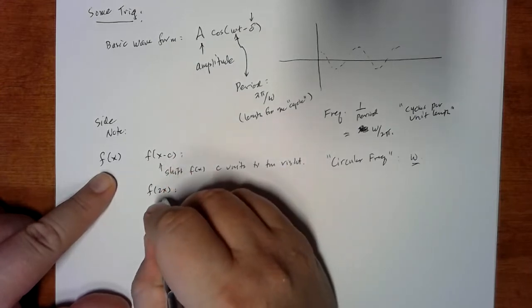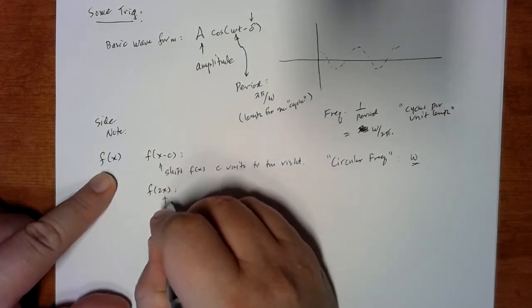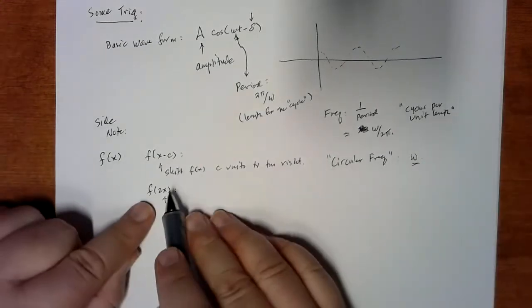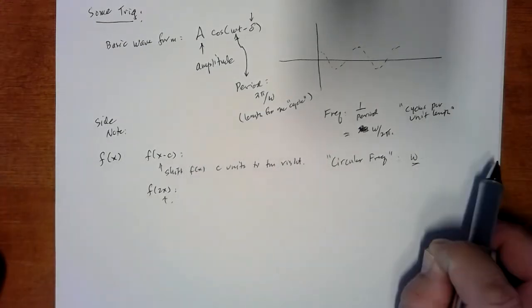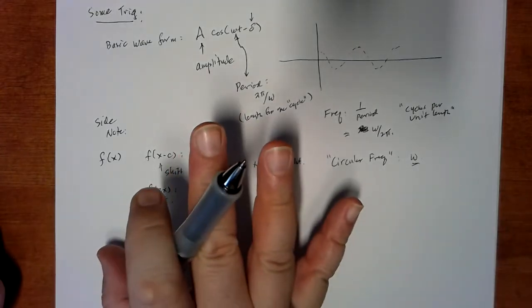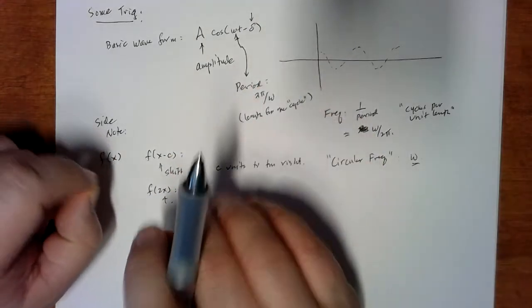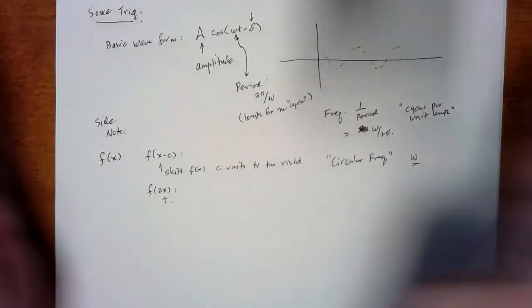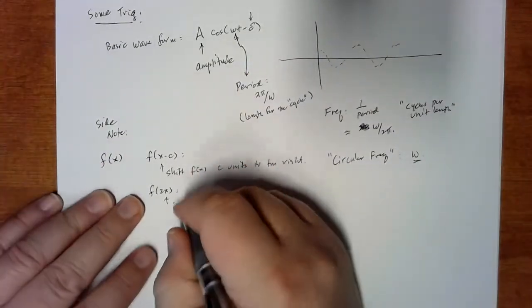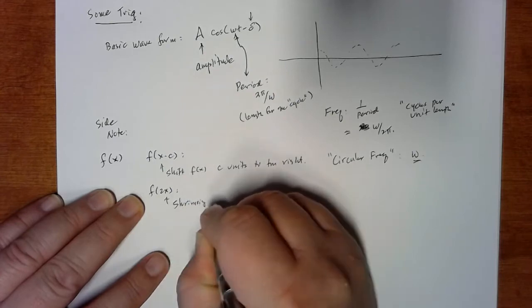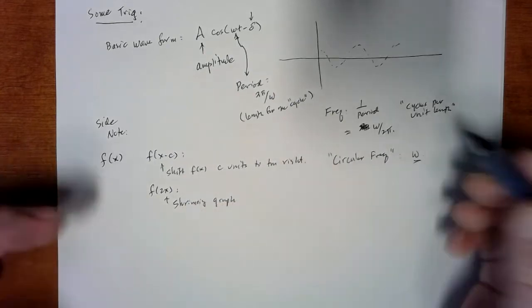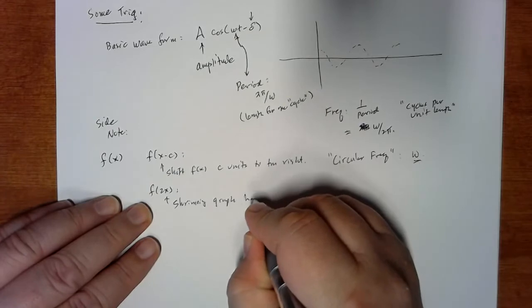To get this graph, the way to think about it is you're multiplying the x-axis by 2, you're stretching the x-axis, but the graph stays the same. And so it looks like the graph is actually shrunk by 1/2. So this is shrinking the graph horizontally by 1/2.